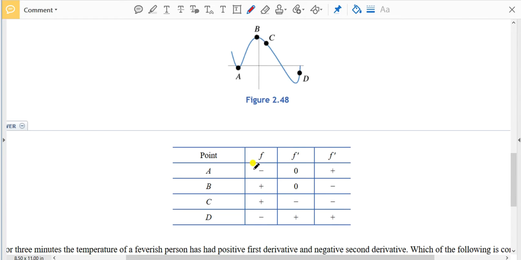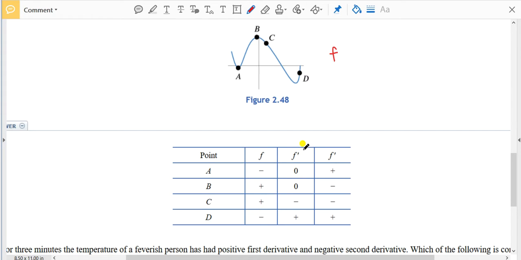We know that this is the f function, right? For the value of a, because a is a little bit below the x-axis, it is a negative value. b is above the x-axis, so it's plus. c is also some positive value here, so also plus, and d is below the x-axis at some negative value, so that's negative here.